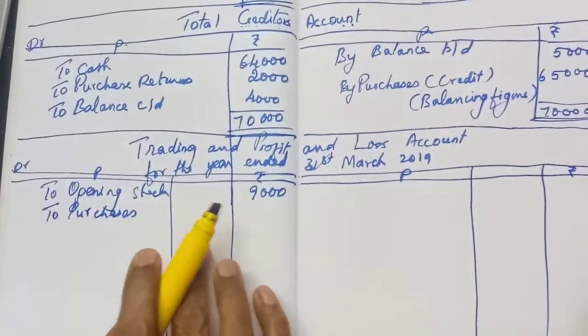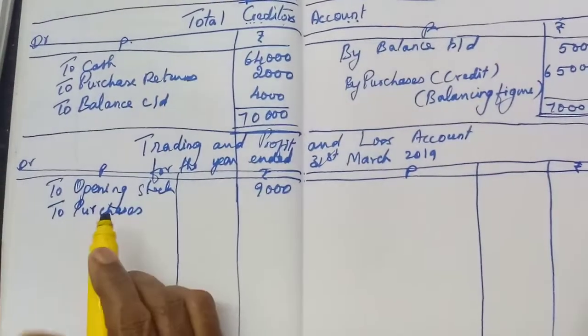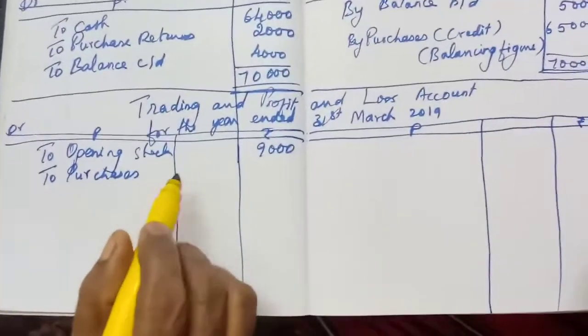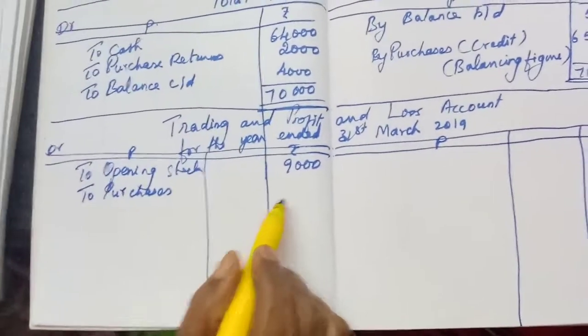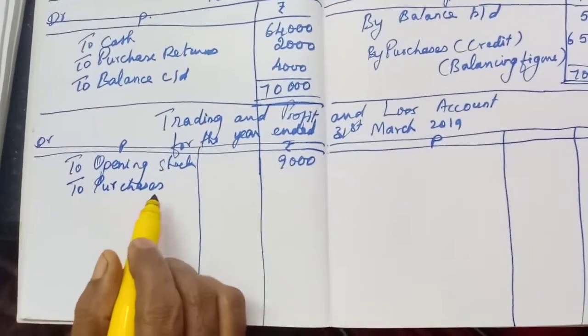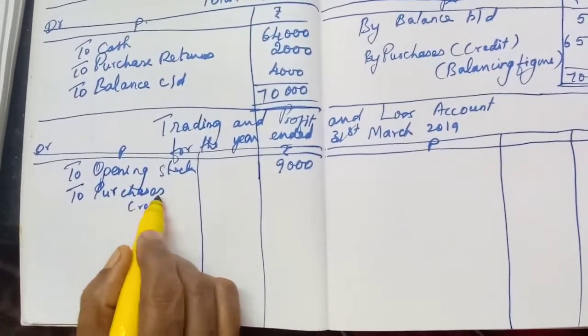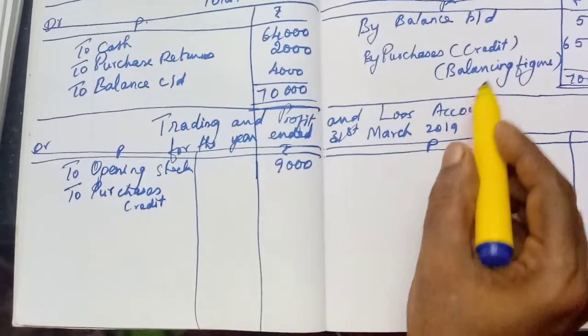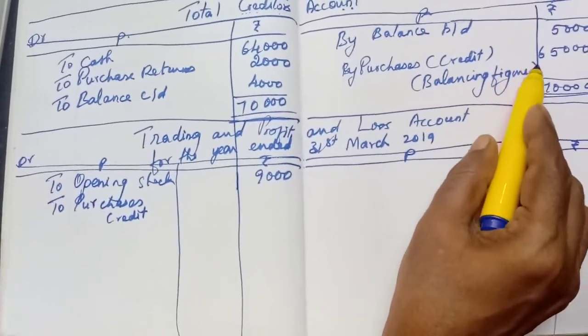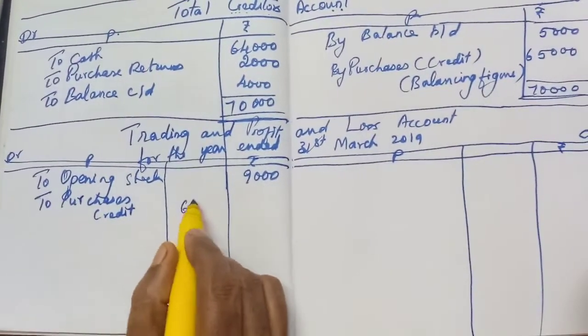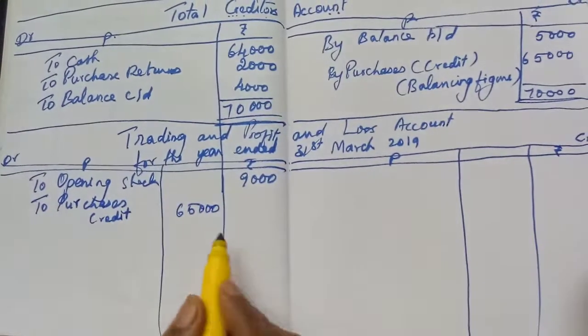So draw this 2 column, which will be there in your accountancy notebook. This is called inner column, this is called outer column. So write the purchases inside the inner column, because only one purchase, credit purchase, that we have calculated from the total creditors account. How much is it? 65,000.